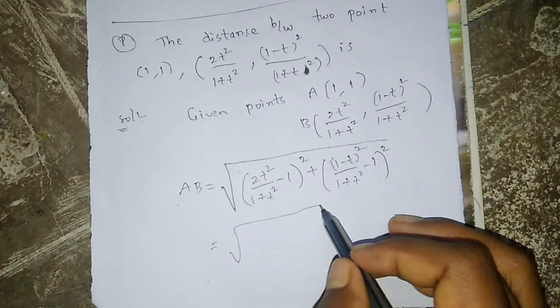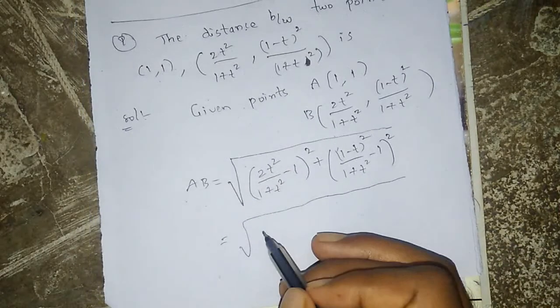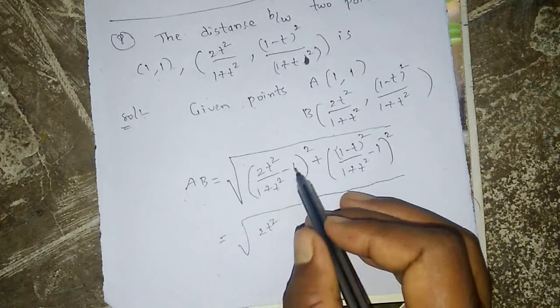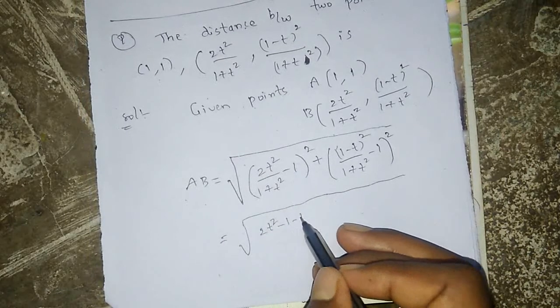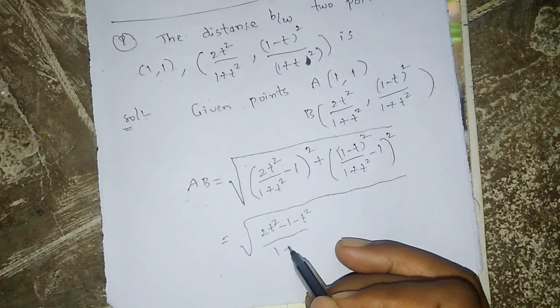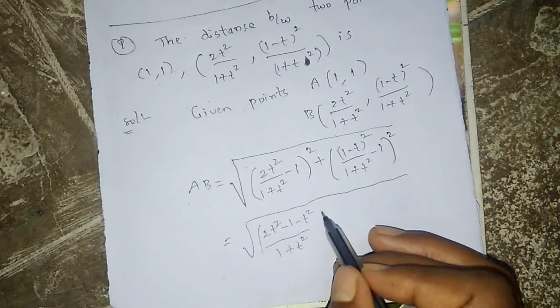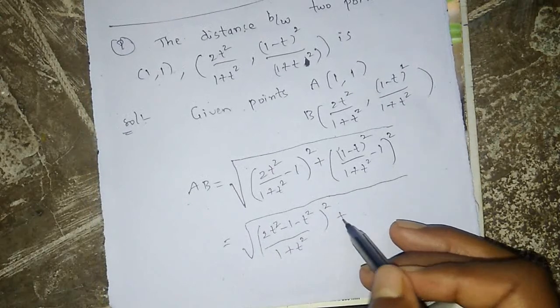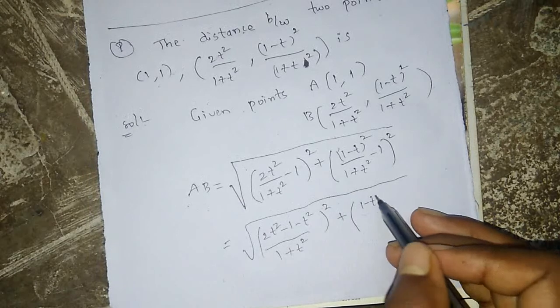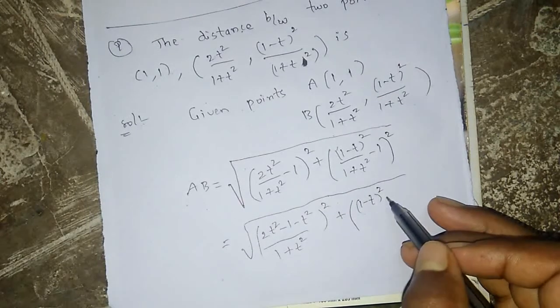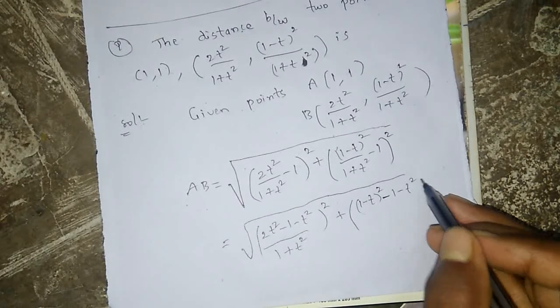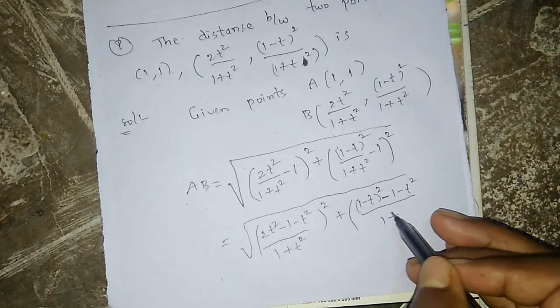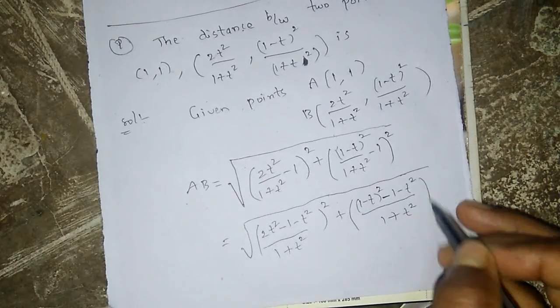That is equal to, this is 2t², take LCM, (2t² − 1 − t²)/(1+t²) whole squared. This is (1−t²)/(1+t²); here also take LCM, (1 − t² − 1 − t²)/(1+t²) whole squared.